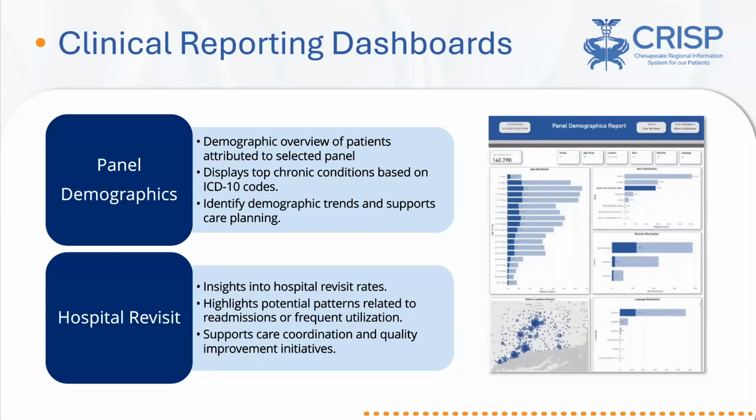It does show the chronic conditions based on the ICD-10 codes that we've received, and it also allows users to track trends and provide support for additional care planning that the beneficiary may require. This particular screenshot of the panel demographic dashboard can really show you how these reports are being developed through Power BI.